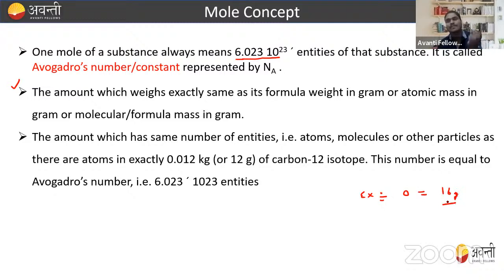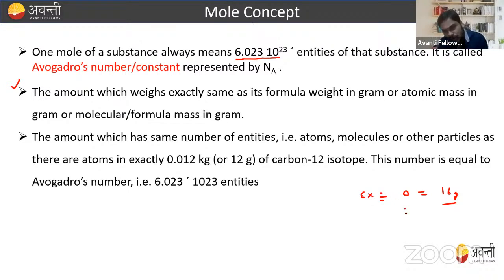So 16 gram of oxygen is exactly equal to 6.023 × 10^23 entities or particles or atoms of oxygen. It means in 16 gram of oxygen we have 6.023 × 10^23 atoms or molecules of oxygen.